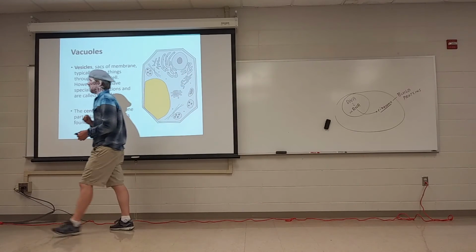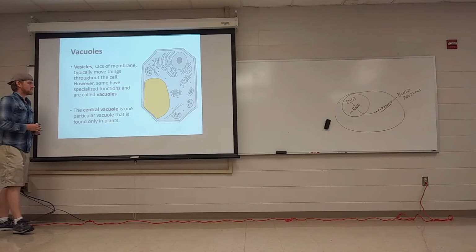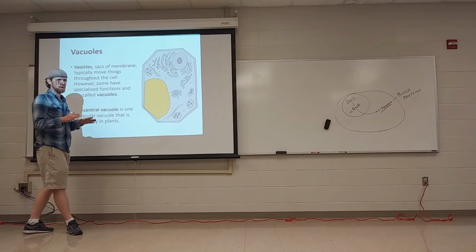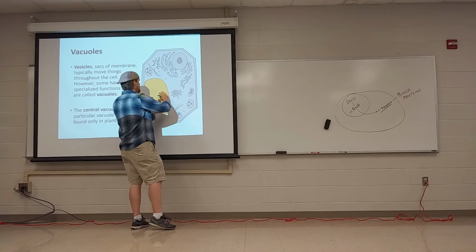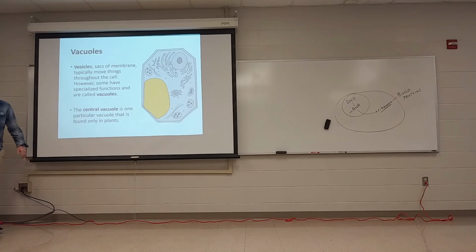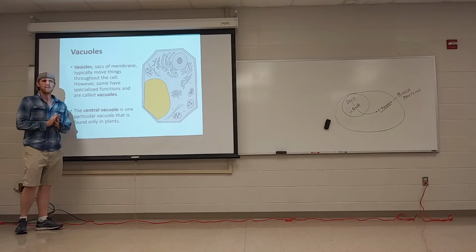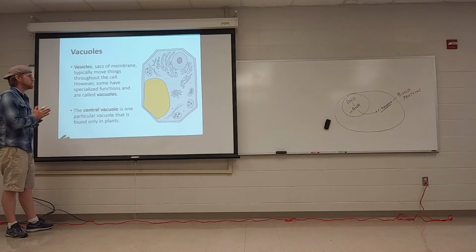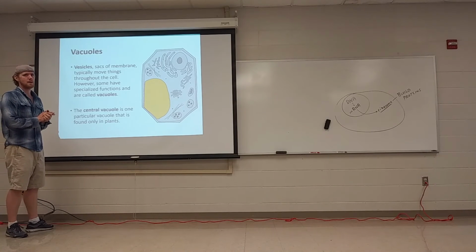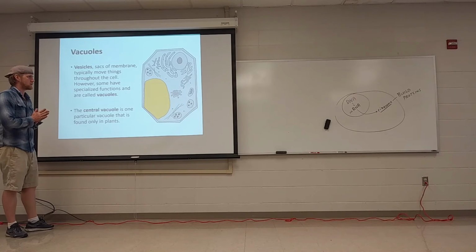It's the yellow part. This yellow part is fluid filled, and when it fills with fluid, it helps to exert pressure on the entirety of the cell, which pushes outward on the cell wall and helps keep the cell rigid and what's called turgid. And part of that is what helps with plants maintaining an upright or rigid structure.